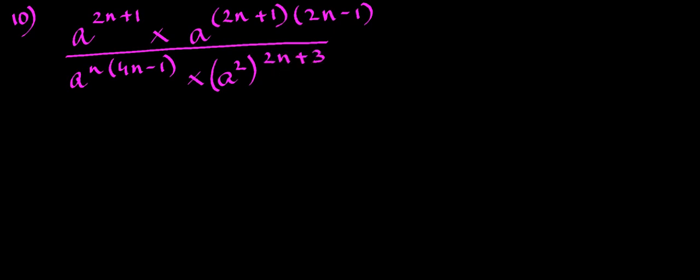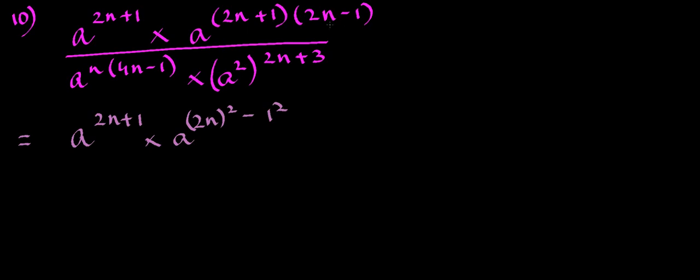Yes. Now what do we do? Here the upper portion, the numerator, we very clearly know there is an identity hiding over there. So we will say that is equal to a raised to 2n plus 1 into a raised to 2n square minus 1 square.